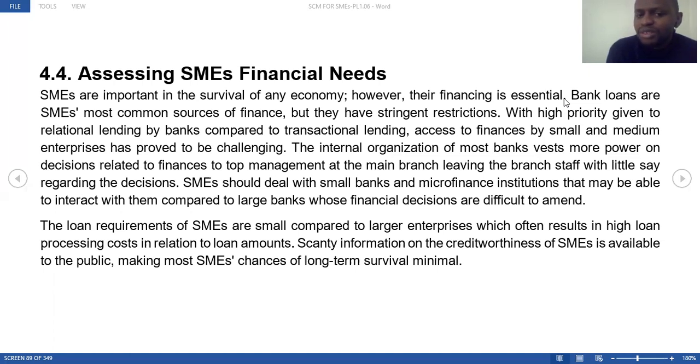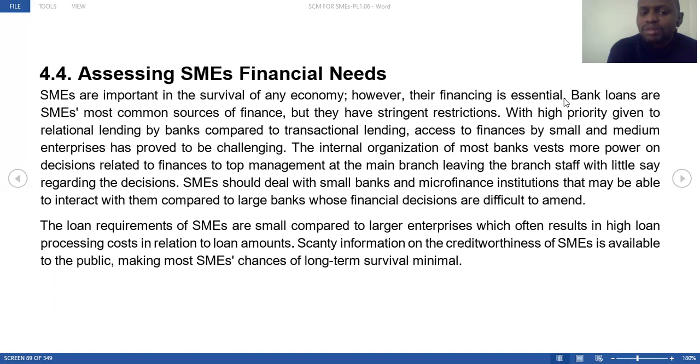And assessment looks at both the operational part and the financial part. Therefore, we are saying bank loans are the most common source of finance for small, medium enterprises. So business must continue. And for business to continue, in one way or another, the small, medium enterprises normally borrow to ensure their business is operational.